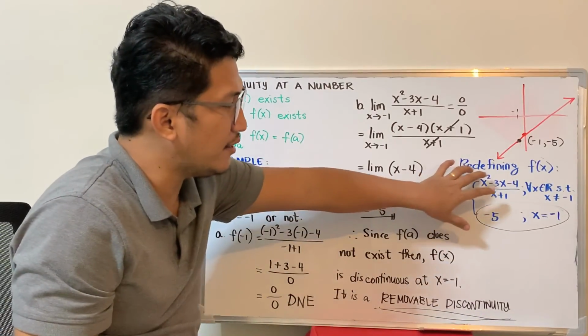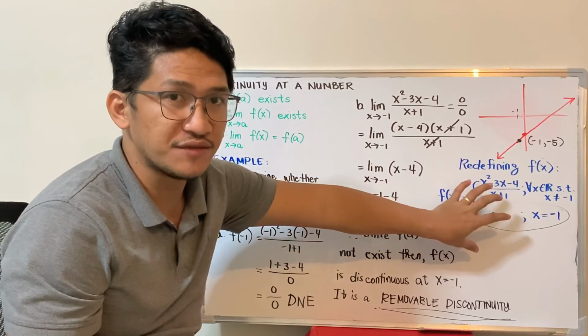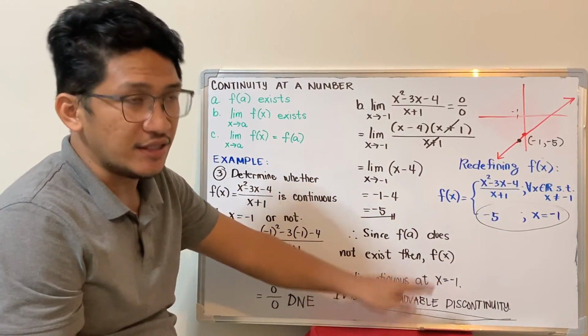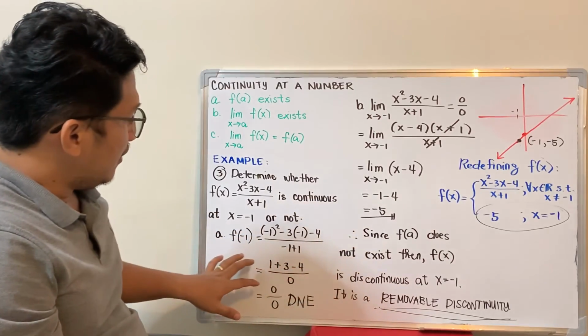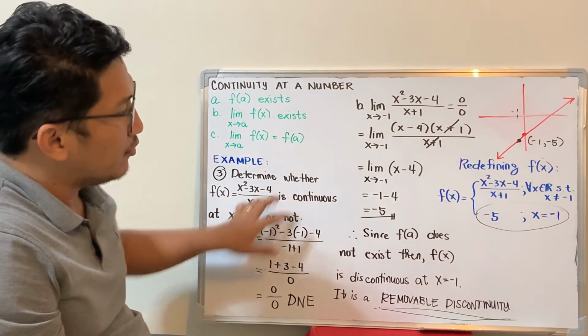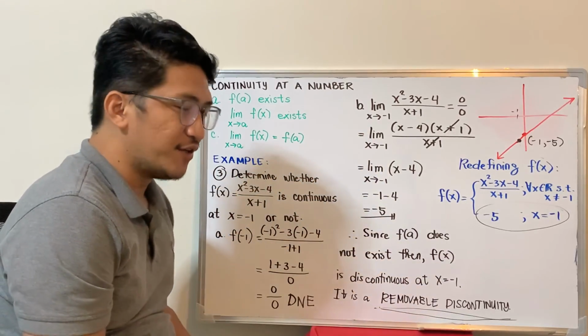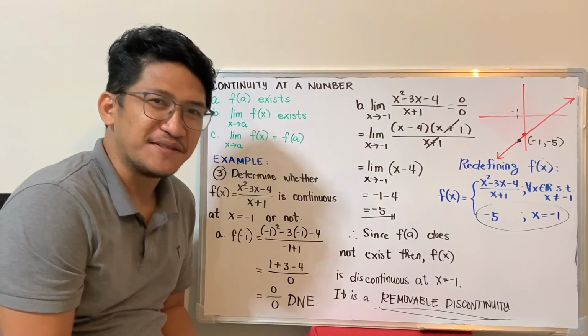So we already redefined the function into a continuous function. That's why it's called removable discontinuity. This happens when f of a is indeterminate but the limit exists. So that's it for this example, guys. See you in the next example. Bye.